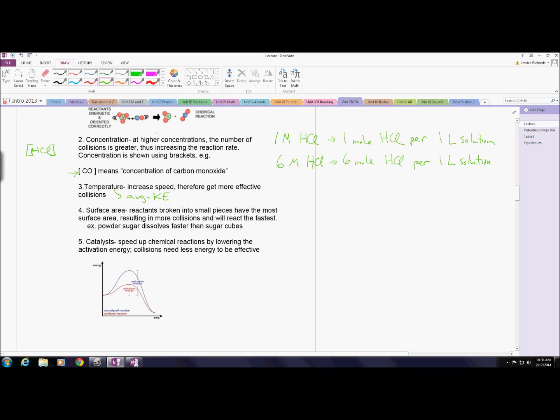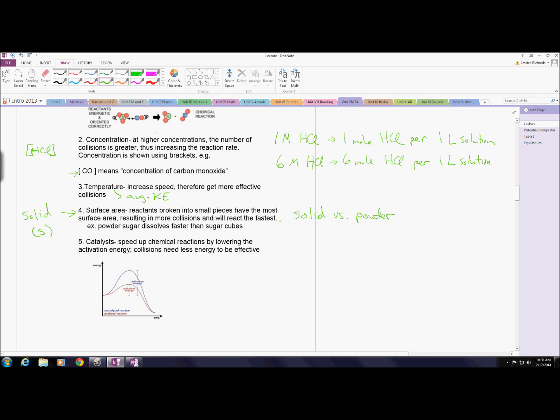Your reaction goes faster. Now surface area is only going to work if you have things that are solid. We can increase the reaction rate by breaking it into smaller pieces. So if you have a solid versus a powder, the powder is going to react faster because there's more surface area. The more surface area there is, the more individual pieces are in contact with the environment, and the more collisions will happen.